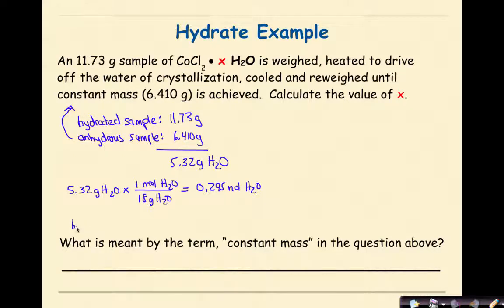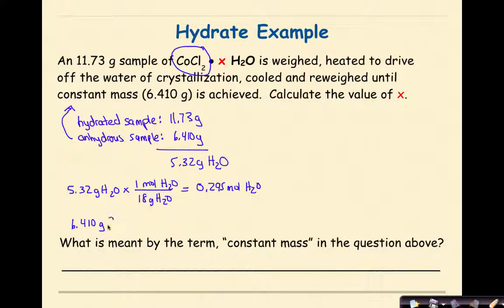The next thing that I want to do is take the mass of our anhydrous sample, which is 6.410 grams, and convert that into moles. But you might be saying to yourself, Dr. English, how do I know the formula of my anhydrous sample? Well, they gave it to you. Because remember, up here, they told you that the compound is cobalt 2 chloride. And then it's going to have some type of hydrate associated with it. But the cobalt 2 chloride without the water is your formula of your anhydrous substance.